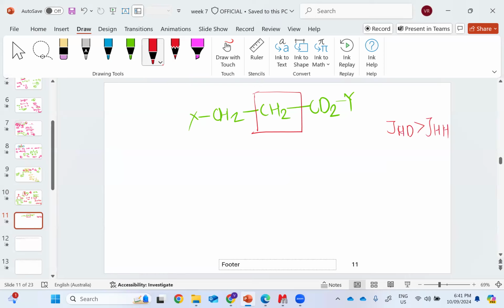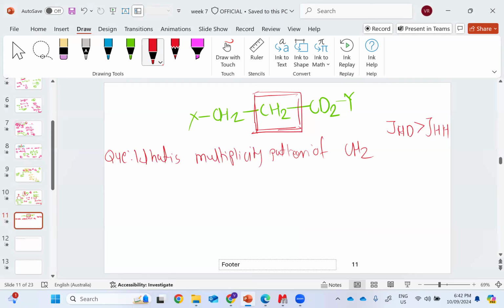So the question is the multiplicity pattern of this highlighted CH2, right?